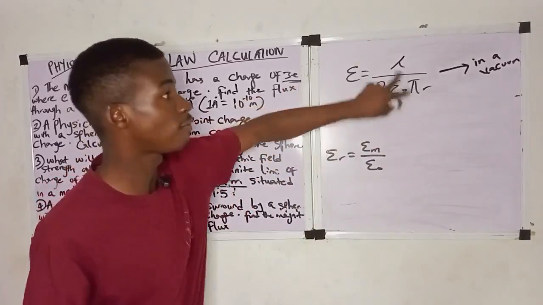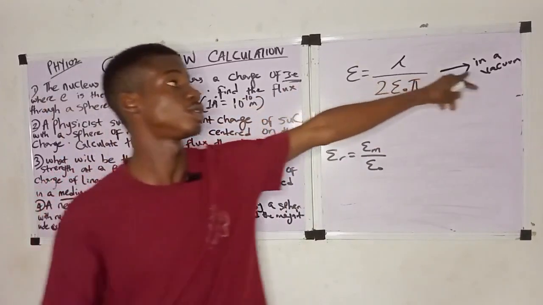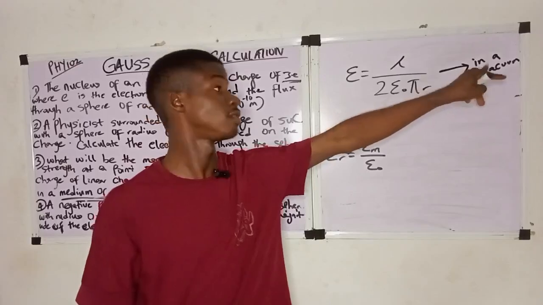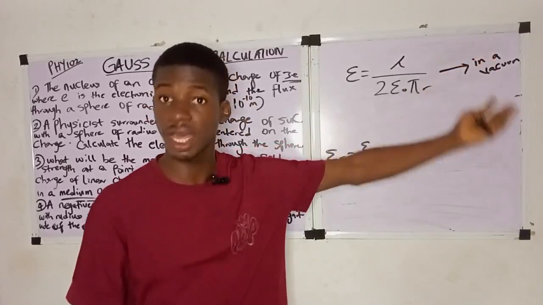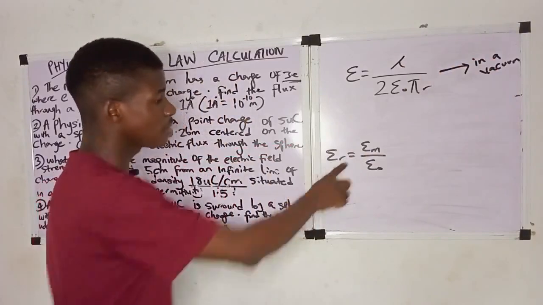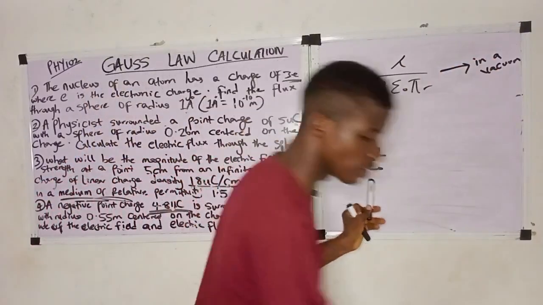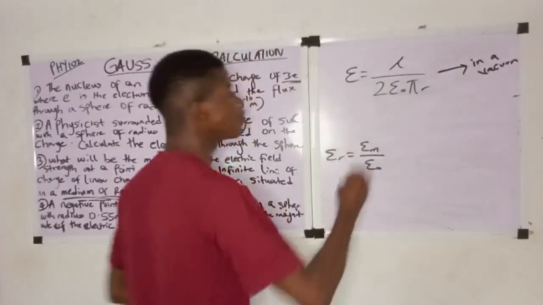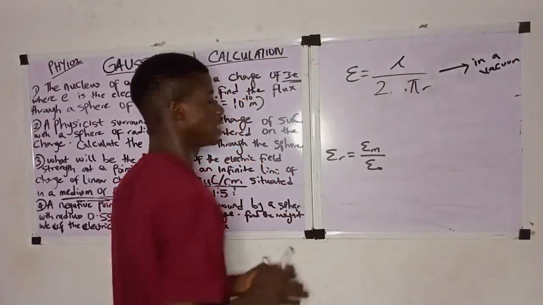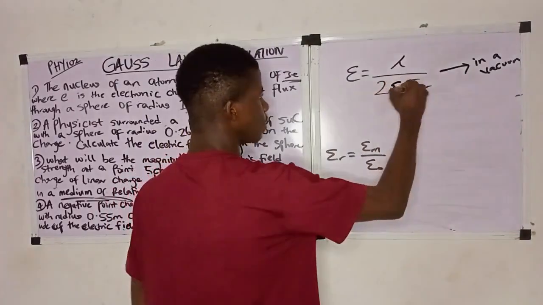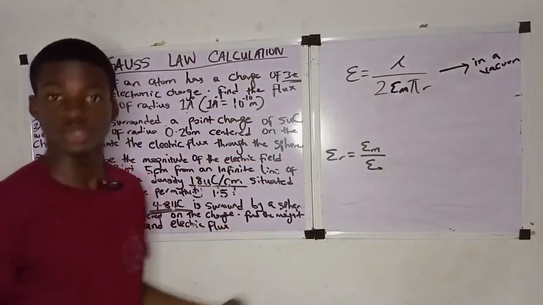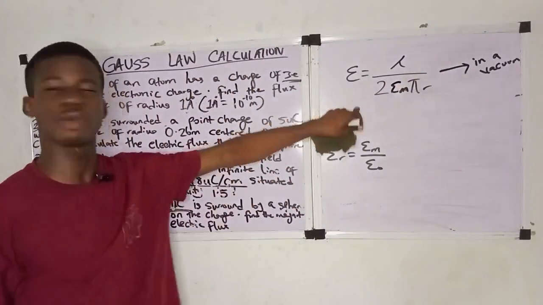But since relative permittivity is permittivity of medium over permittivity of free space, if we replace this E naught with E m, the permittivity of medium, we can use it to solve. So this is the formula we are going to use.